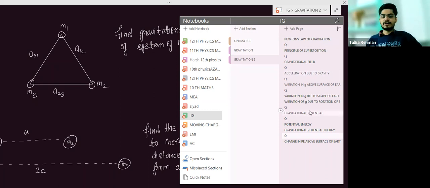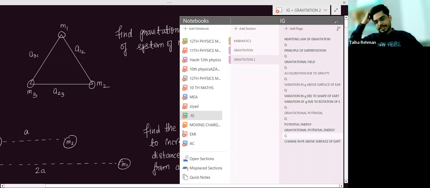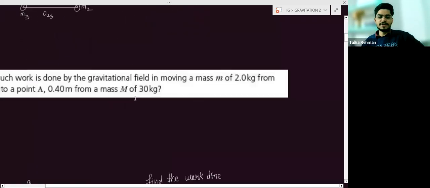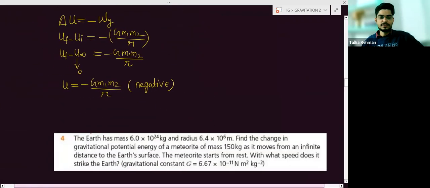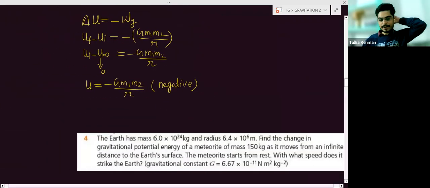After that, we did gravitational potential, then potential energy, then gravitational potential energy. Change in potential energy above the surface of the earth. This topic is basically covered in these numericals also. Numericals separately.